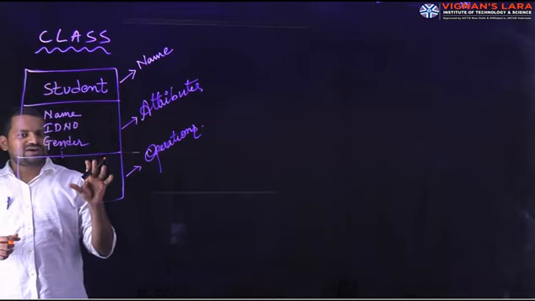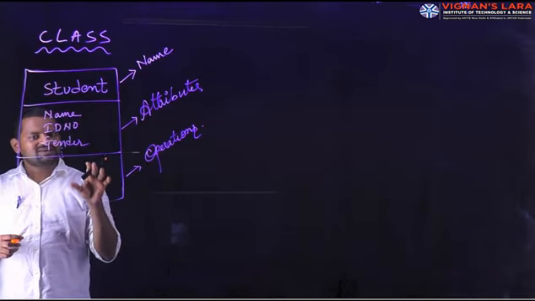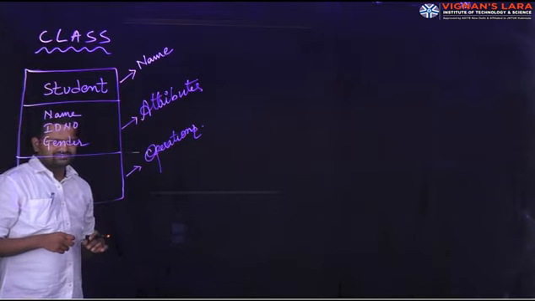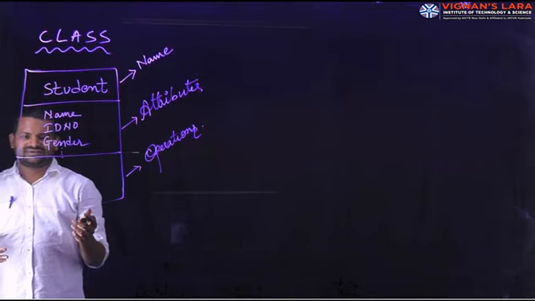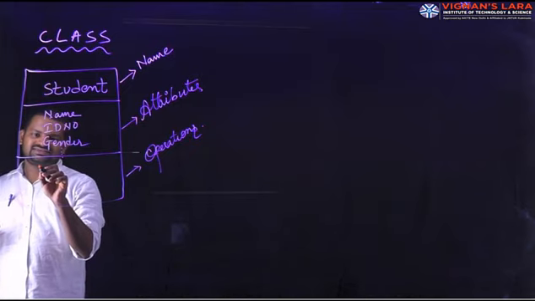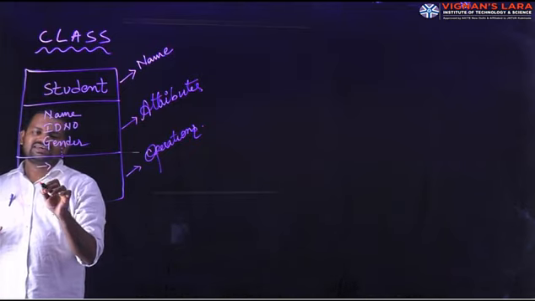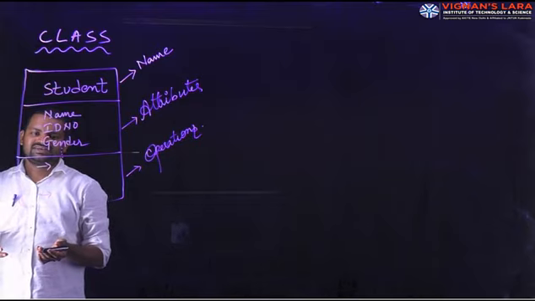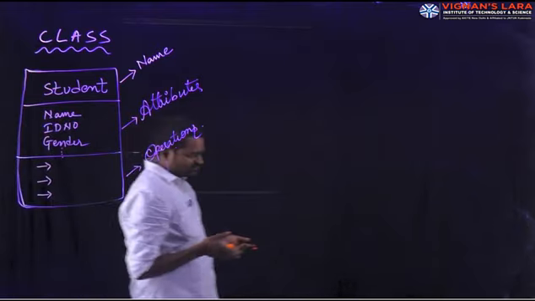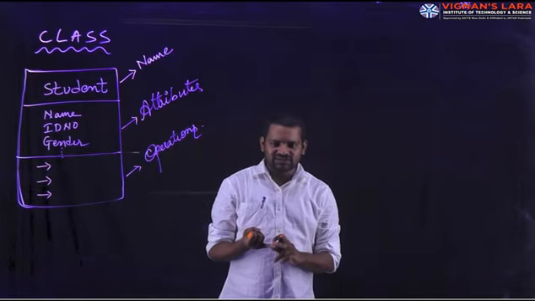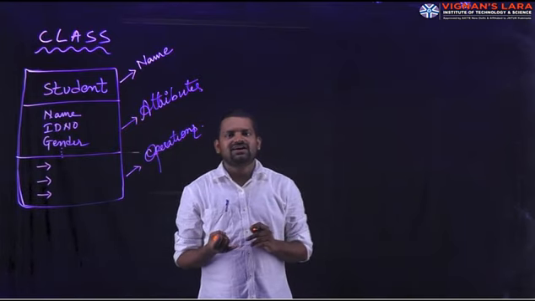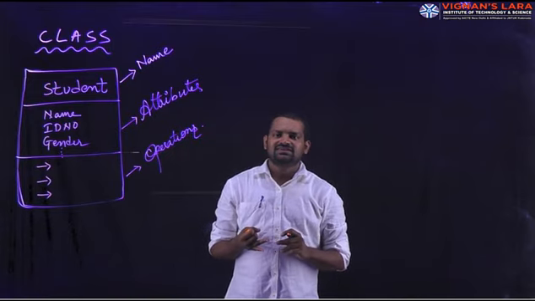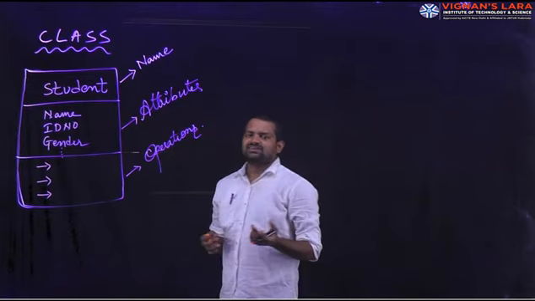And next, what are the operations? What operations are performed by a student? He is enrolling in courses, that is studying the courses, or writing examinations. Those examinations belong to the objective type or the subjective type, that is online examinations.